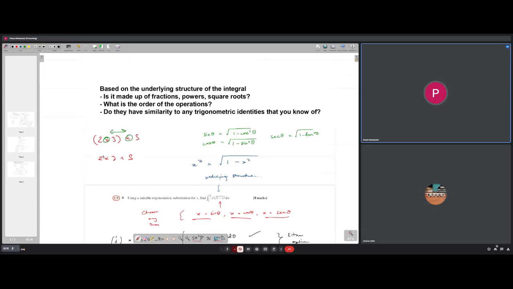So the order of these operations matters. Is the times coming first or the plus coming first? What's coming after the other? For example, if I had x squared minus 1 rather than 1 minus x squared, that would influence your decision on which trig identity you could use. Do you understand what I'm saying? That's pretty much it.